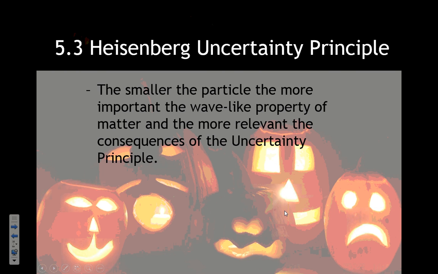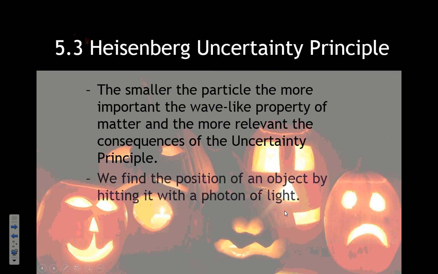When we're dealing with these smaller particles like an electron, the Heisenberg uncertainty says the more precisely we know its energy, the less precisely we know its position. Because to find the position, we hit it with a photon of light, which means in locating it, we've changed its energy. Well, we've now increased the uncertainty of what the energy is. And on the flip side, when we measure its energy, then we freeze it in place and we don't know what its position is. In other words, we have uncertainty of position.